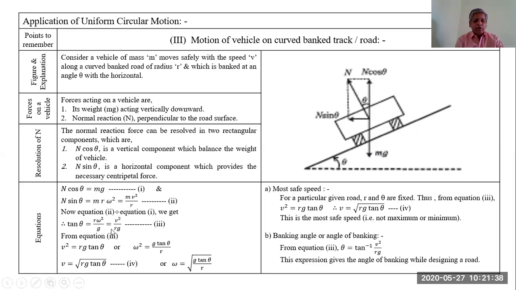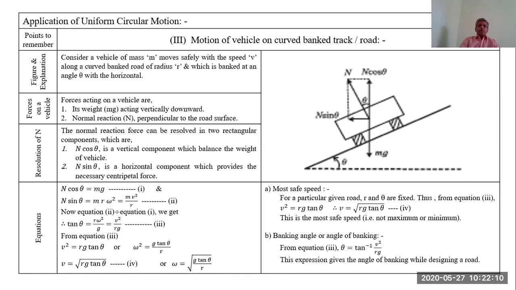From this third equation, we get v square is equal to rg tan theta, or omega square is equal to g tan theta upon r. Therefore, the linear speed at the curved road surface, this is the maximum speed, v max is equal to square root of rg tan theta. This is the linear speed, and angular speed omega is equal to square root of g tan theta upon r.